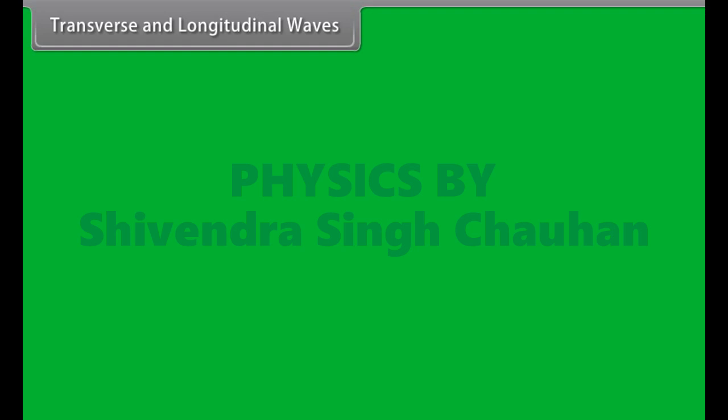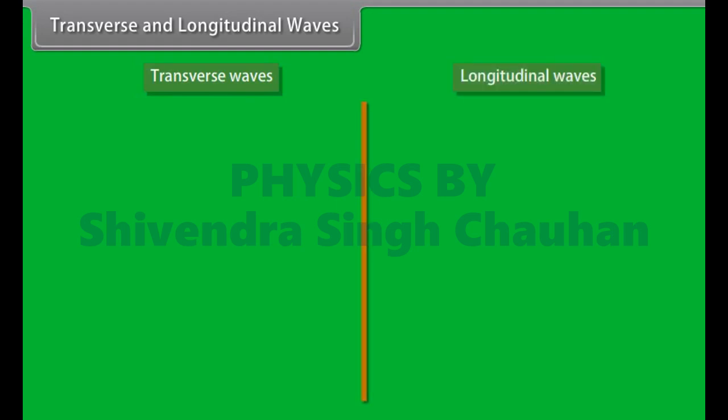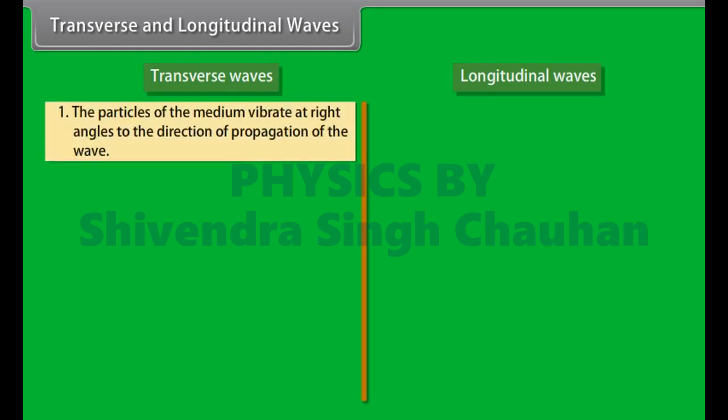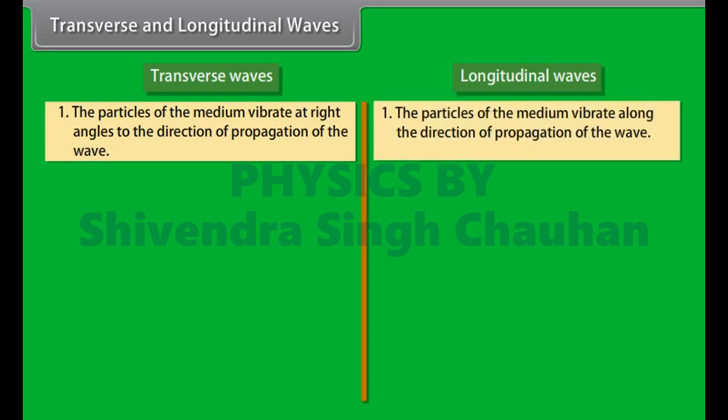Transverse and longitudinal waves. Let's make the difference between transverse waves and longitudinal waves. Number 1. In transverse waves, the particles of the medium vibrate at right angles to the direction of propagation of the wave, whereas in longitudinal waves, the particles of the medium vibrate along the direction of propagation of the wave.